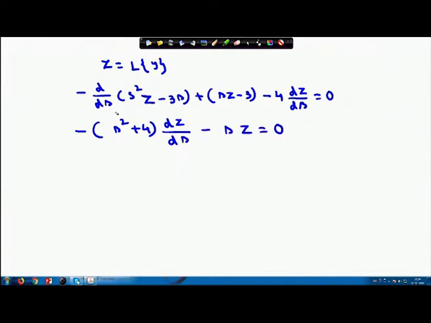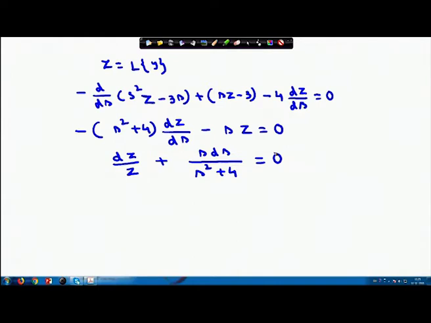This d/ds I am just evaluating, combining d/ds of s square z minus 3s with minus 4z, and this I can write down as dz by z plus s ds by s square plus 4, equals 0.